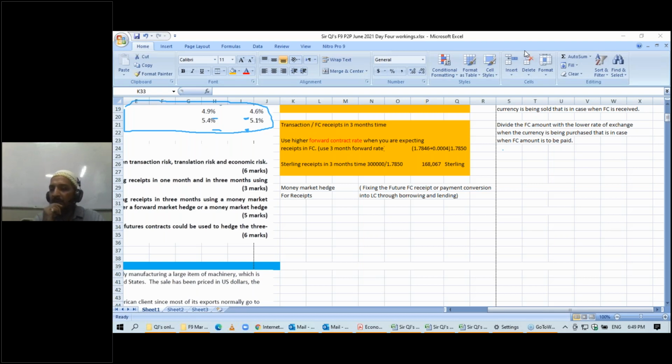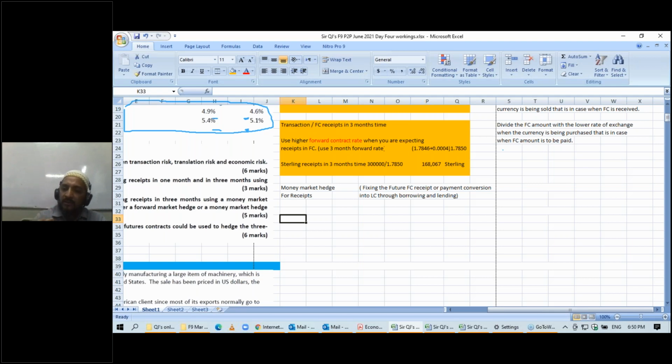So how can you obtain the foreign currency now? Borrow foreign currency now so that you get the foreign currency today, at the time of selling the product, rather than receiving money later, right? So the first part of the strategy is: if you are receiving money in 3 months' time in foreign currency, then what should you do now to fix your cash flows?